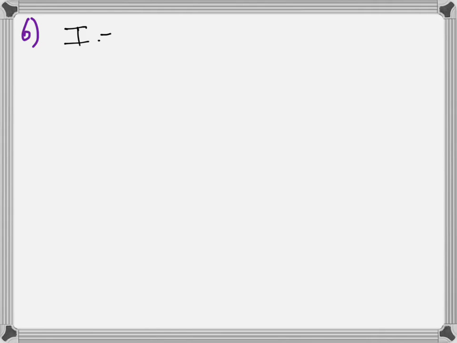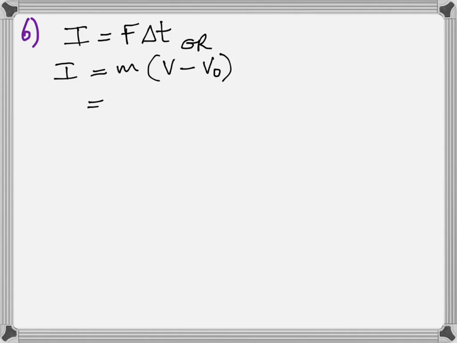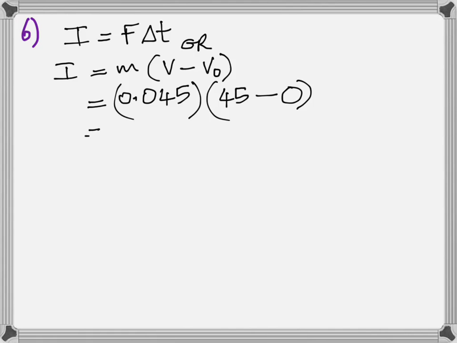In number 6, you have to find the impulse. An impulse is force multiplied by time, or it is the change in momentum. Using the second equation, the mass of the ball times the final velocity minus the initial, which is 0.